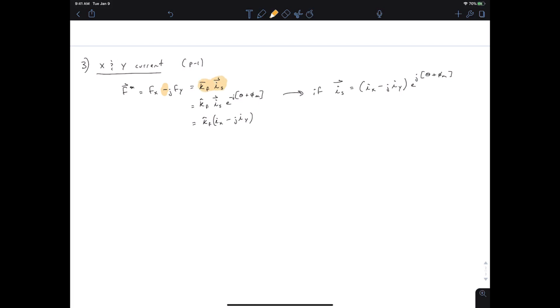And so we write this out, and we see that if we define our current space vector in a similar manner, but with a minus sign in front of our Iy term, we can write out this expression down here. And matching the real and imaginary parts, we again see that Ix is responsible for force in the x direction, and Iy is responsible for force in the y direction.